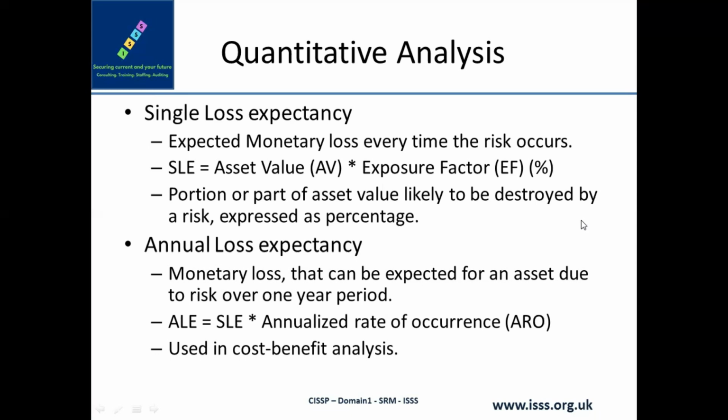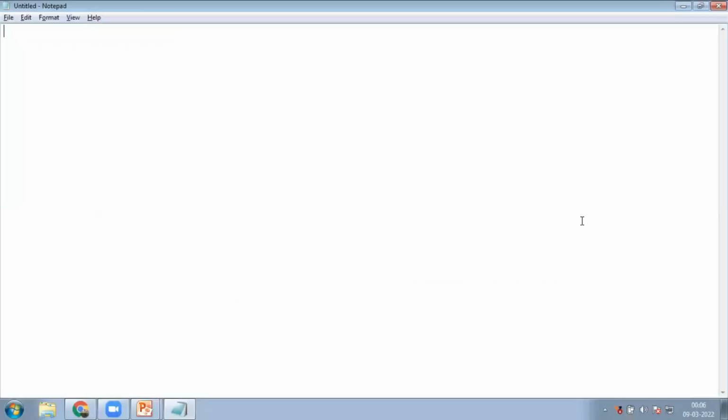the single loss expectancy. Now, assume there's an asset. Let's say this is scenario 1. Cost of laptop is 500 pounds, and the laptop has got personal identifiable information, and cost of PII is 4,500 pounds.